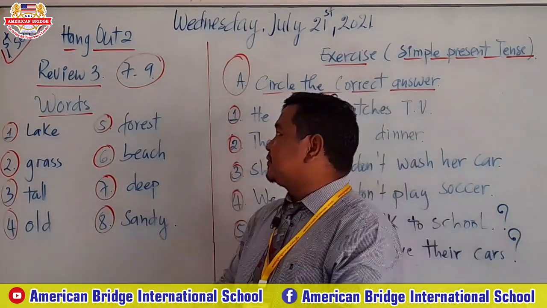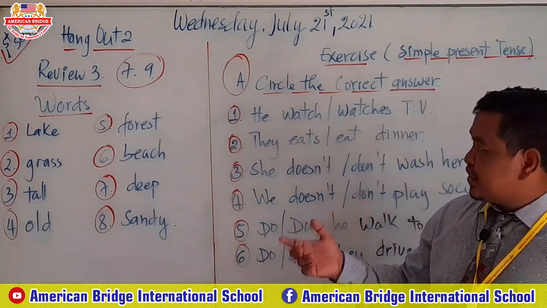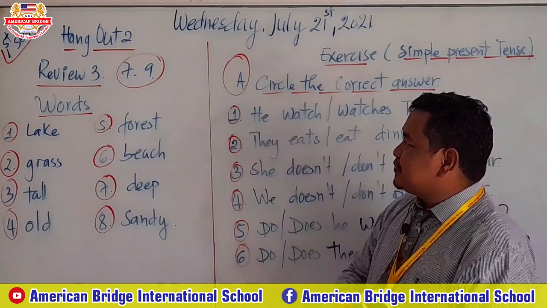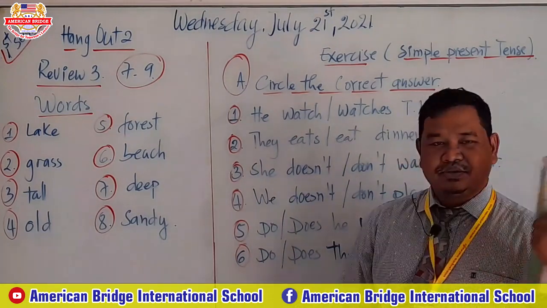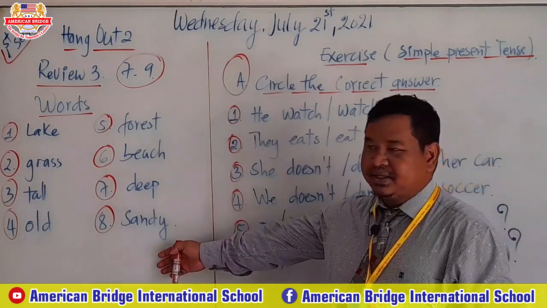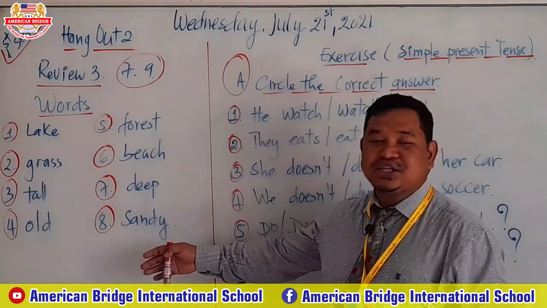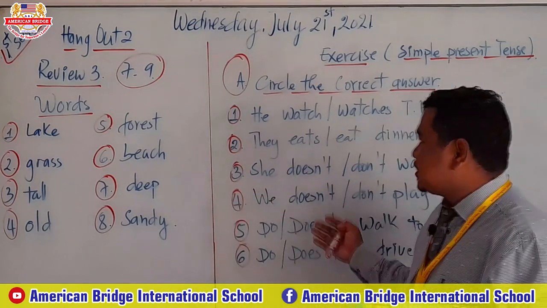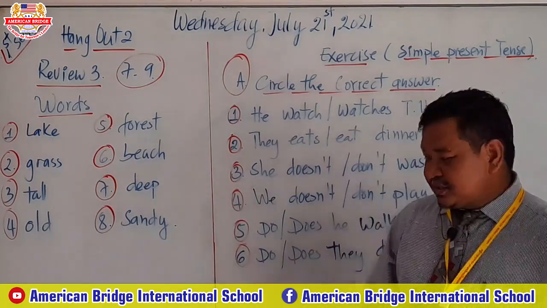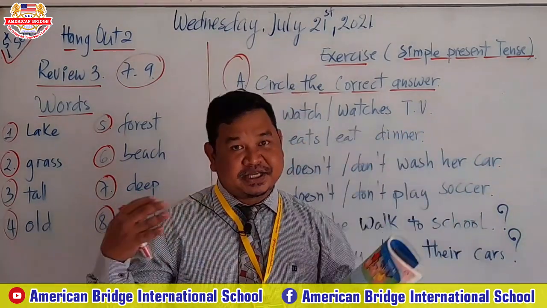Okay, so students, as I have already mentioned, you have to do Review 3, Unit 7 until Unit 9. For this part, we have 8 words. As normally, you have to review 8 words. And for this part, you have to review grammar. It means you continue from yesterday.